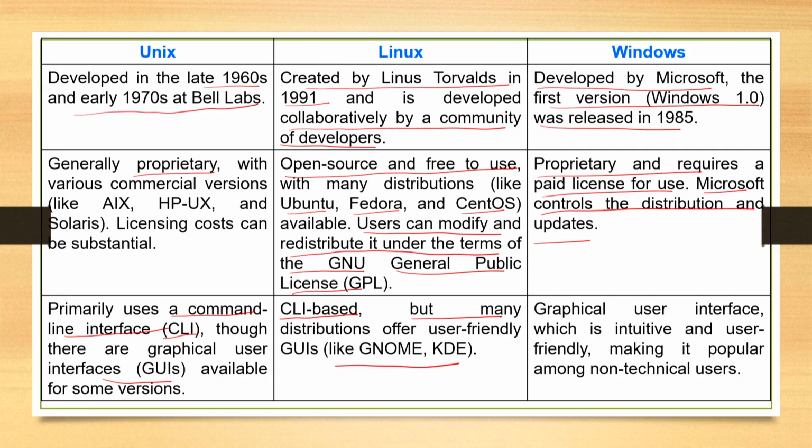I'm using Ubuntu, it's user friendly because it has a graphical user interface. Windows is purely a graphical user interface, and that's why it is user friendly, and because of that it is more popular among non-technical users.